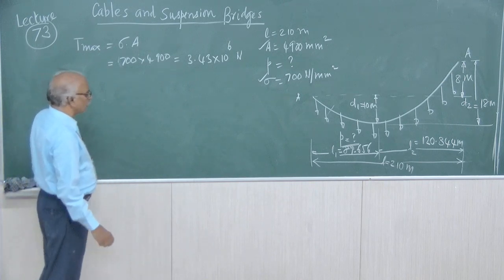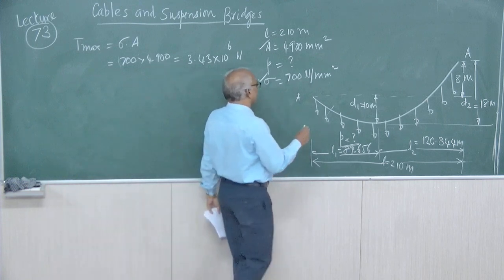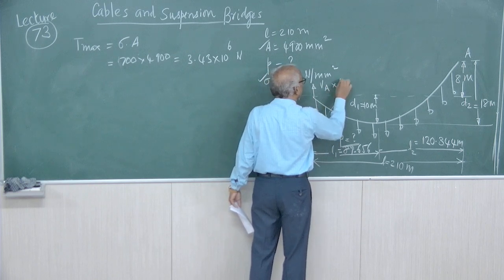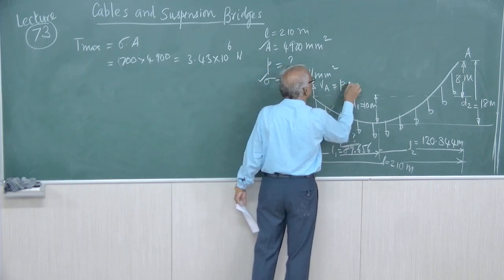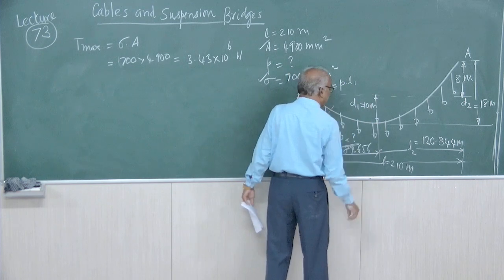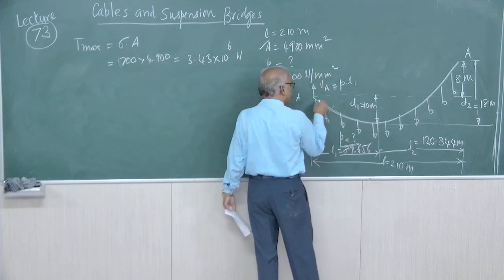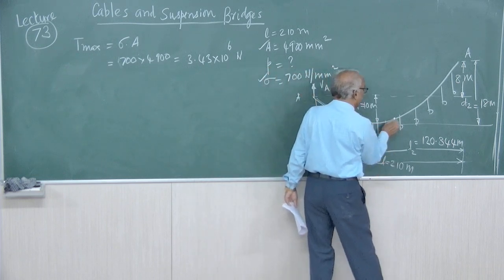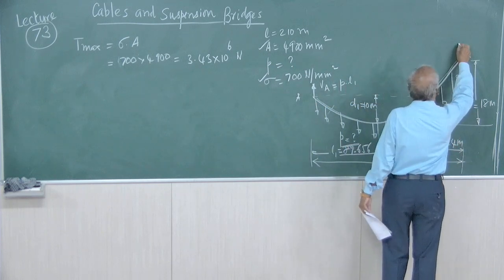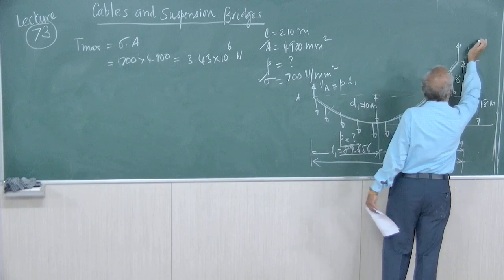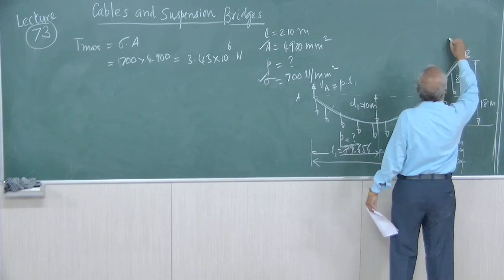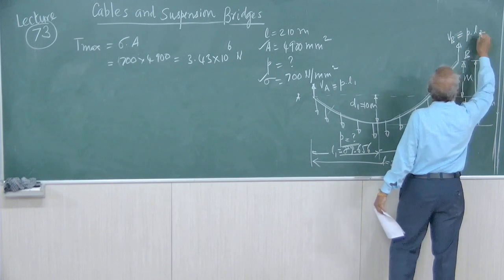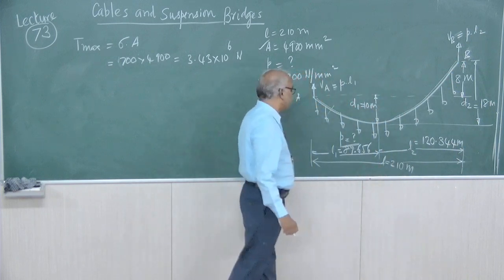Now, once we get L1 and L2, the vertical reaction VA equals P into L1. From the lowest point, the entire load will be taken by the support A. Again, on the right hand side, from the lowest point up to the support B, the load will be carried by the support B. So VB equals P into L2, and VA equals P into L1.